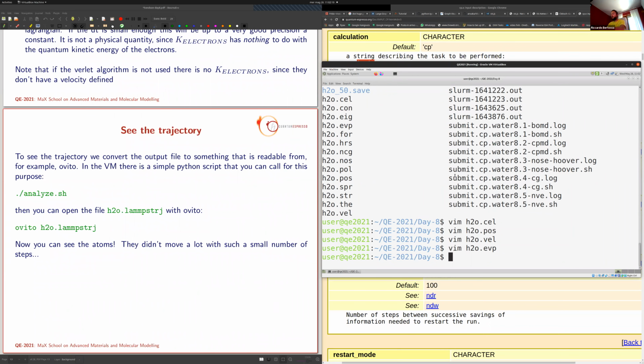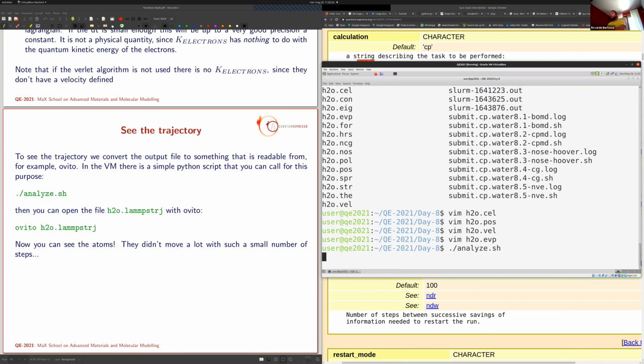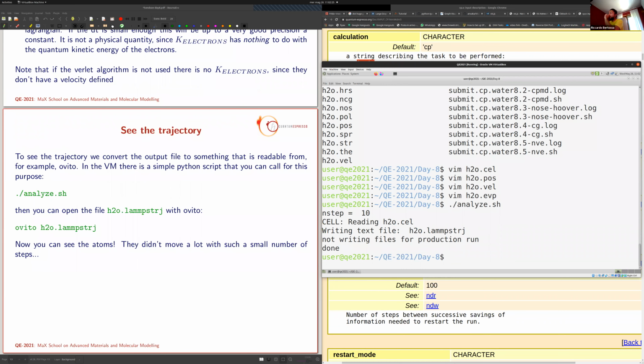So maybe we can see also what happened. I prepared a little script to run some conversion tools that are not specific to Quantum ESPRESSO and just are useful to see the results of the simulation. Then I can open the trajectory that the script generated with Ovito, a program just to visualize the atoms.